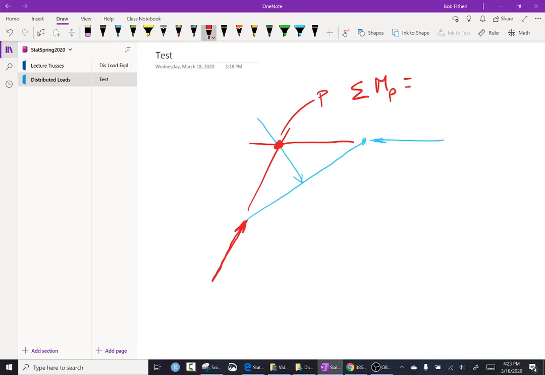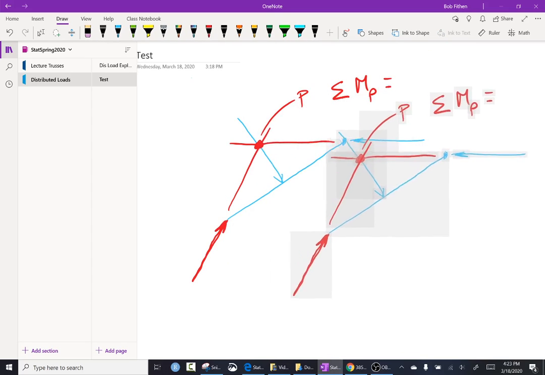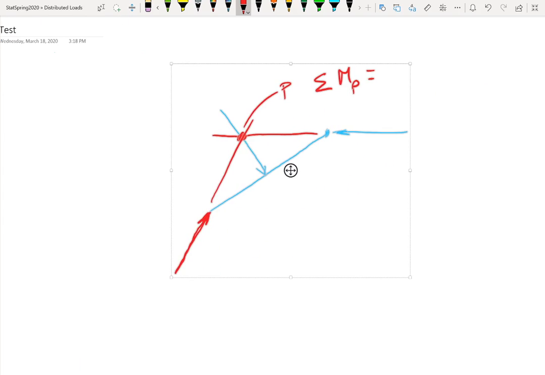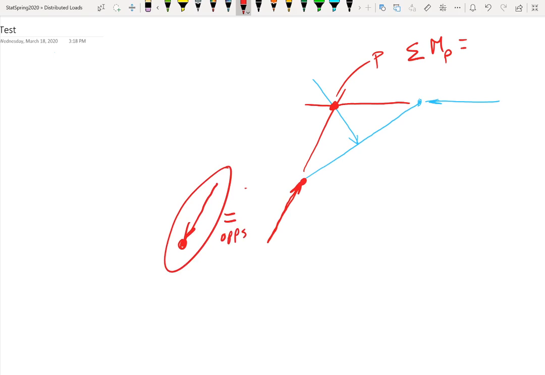Again, you can figure out the geometry from everything. Then what you do, believe it or not, move this over to the side. You can pull this point away from the structure and take this exact load right here and put equal and opposite on there. So this is equal, opposite. This is the load put on the truss. This is the load from the beam.